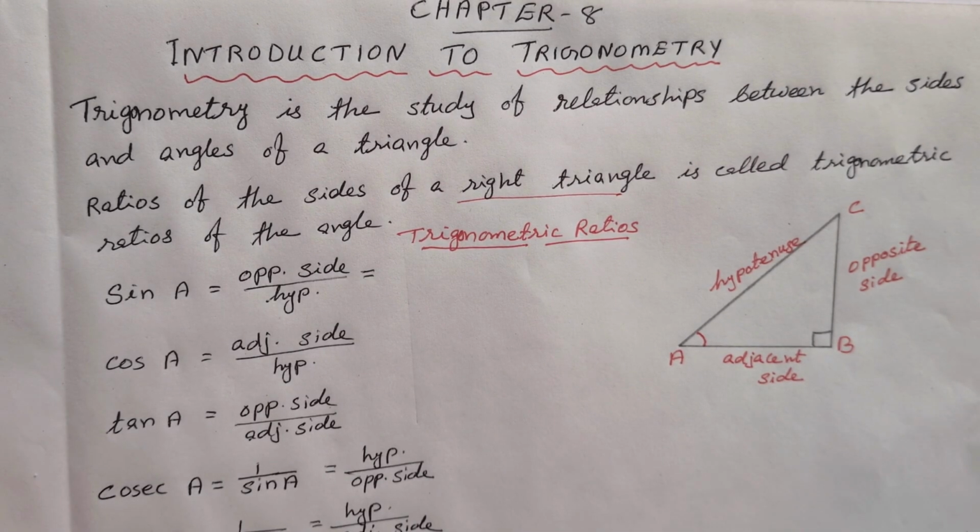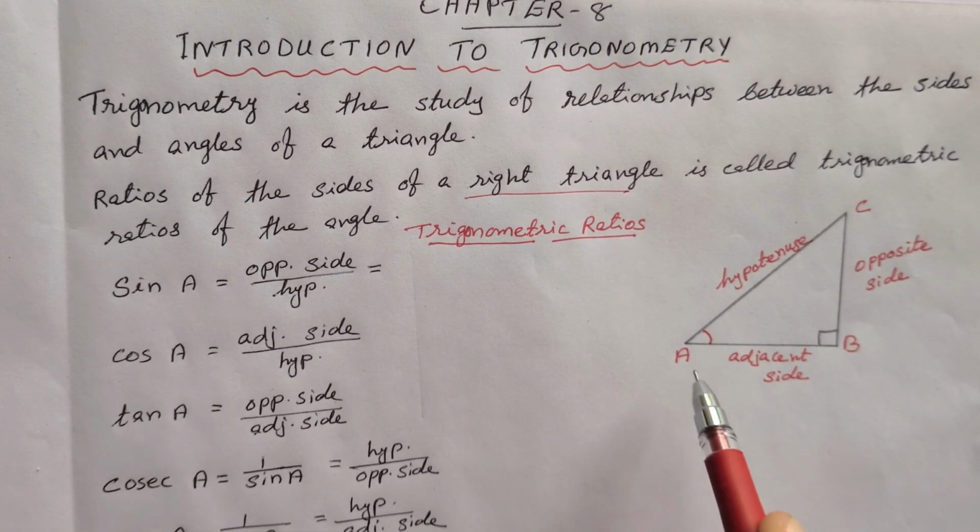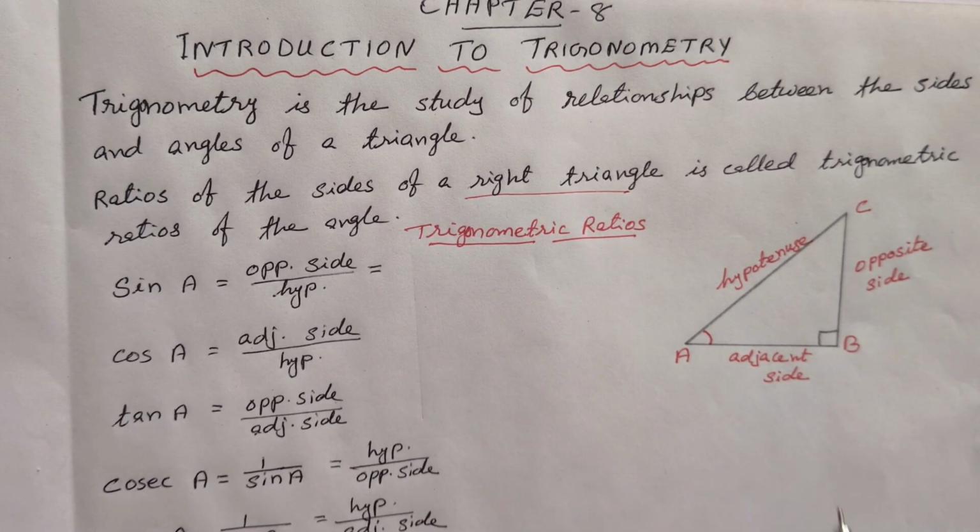These ratios are called sine and so on. If we say based on angle A, then we can say sine of angle A, cosine of angle A, tangent of angle A, cosecant, secant, cotangent. In short, we write sin, cos, tan, cosec, sec and cot.